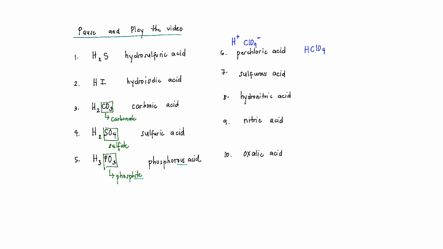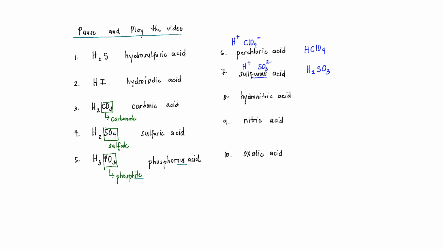How about for number 7? For number 7, that would be sulfurous. So it will be coming from SO3 2 negative, and then make it as an acid, H positive, and that will become H2SO3.